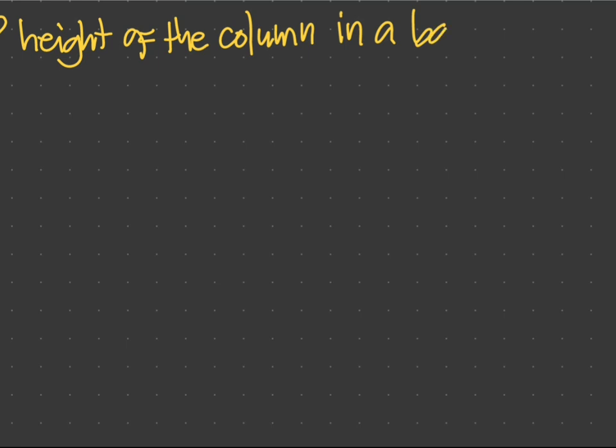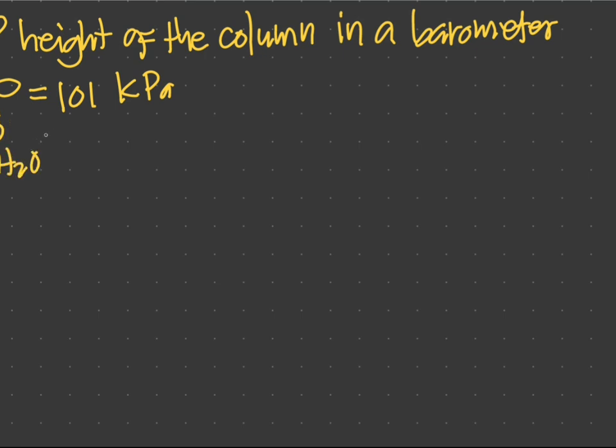Given the external pressure, which is 101 kilopascal, and water was used in place of mercury, and we're given the density of water, which is 1.0 gram per cubic centimeter.